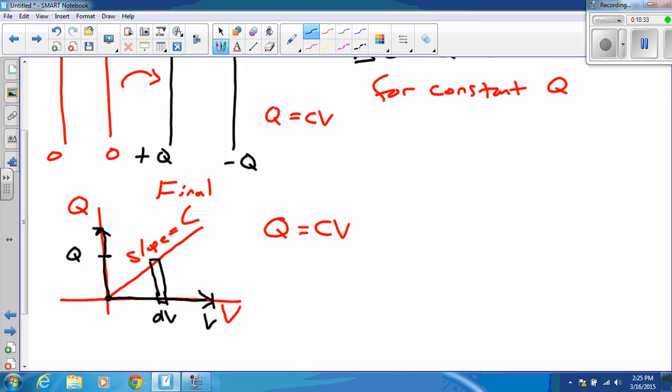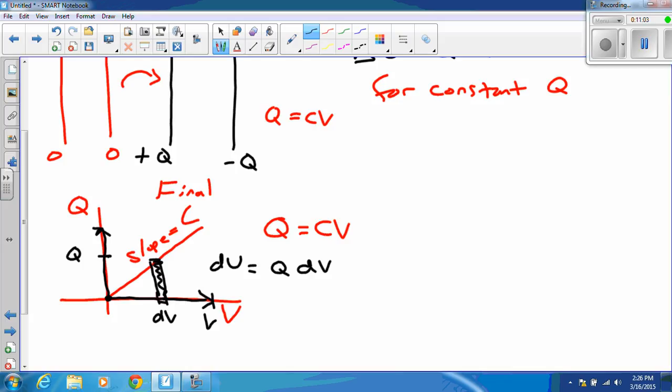So this is kind of the area. That's right. So the amount of energy stored up for this little process right here, and we'll call that delta U, is equal to the charge, which is approximately constant, times the change in voltage, dV, just like that.